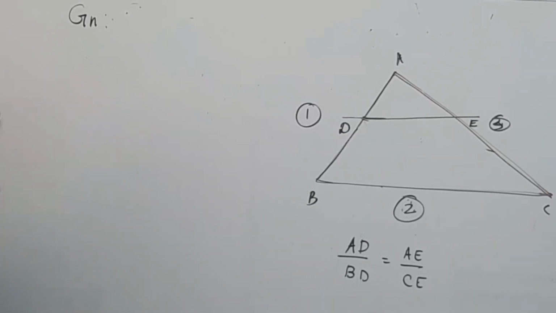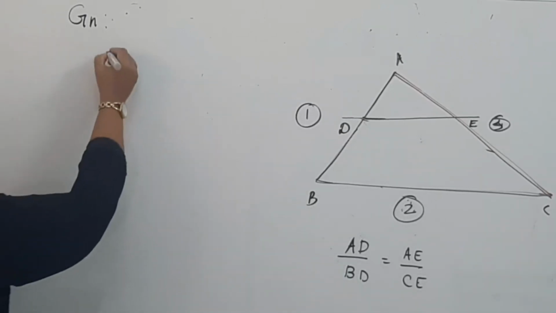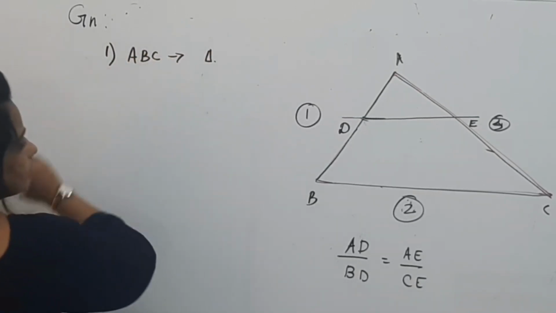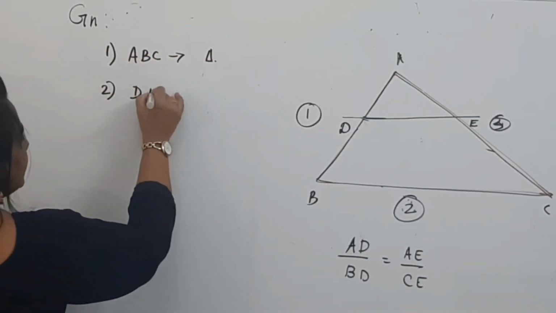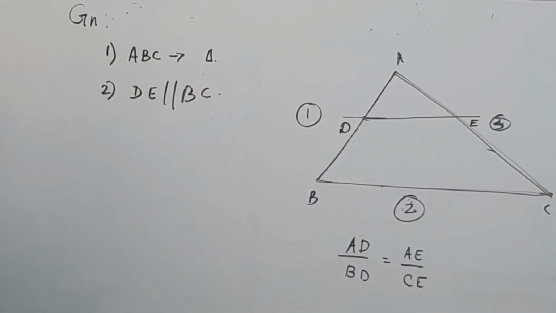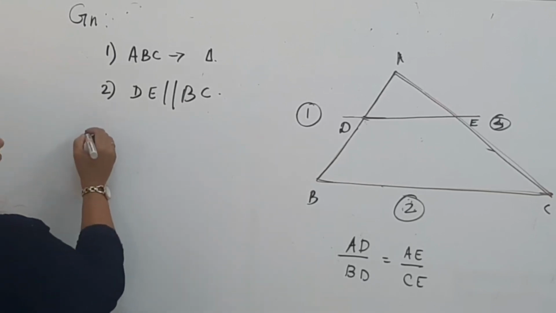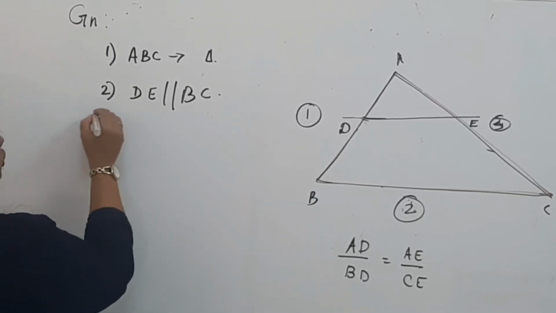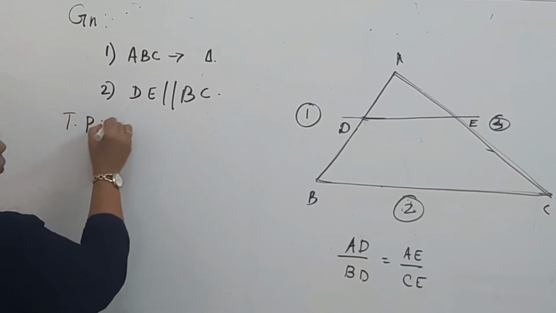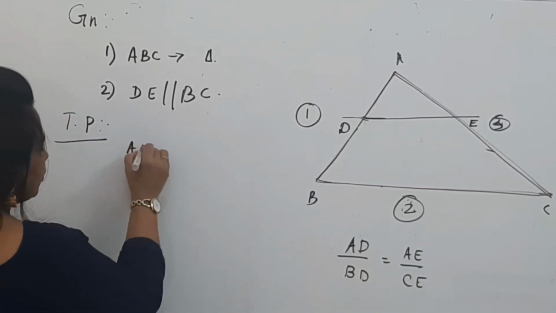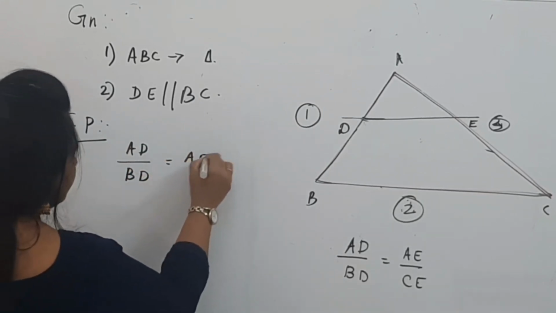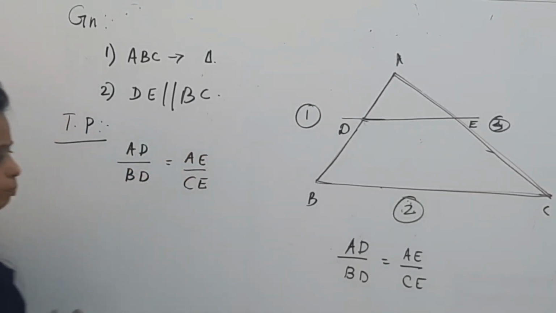Now I have to prove this one. So what is given? First point, ABC is a triangle. Second point, DE is parallel to BC. Hope everyone gets it. Third point, there is no third point. This is what is given. And then what is to be proved? I have to prove it is in the same ratio, AD by BD is equal to AE by CE. This is what I have to prove.